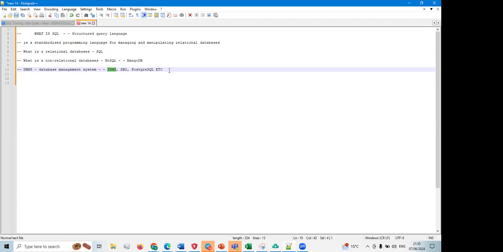There is also this common management system, MySQL. A lot of people use that now. So these are some of the database management systems that we'll be using.